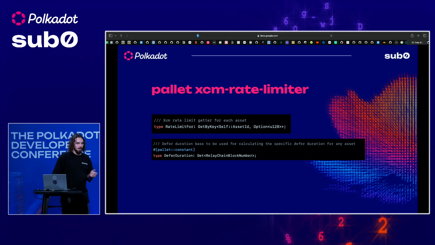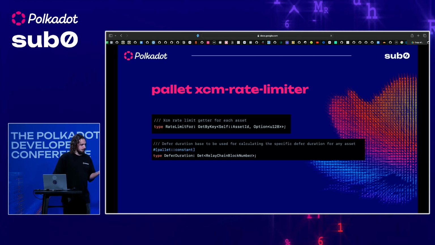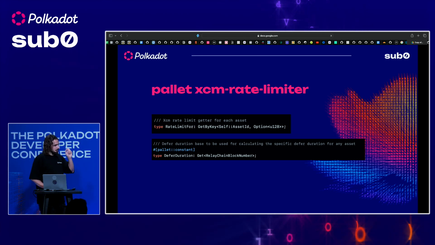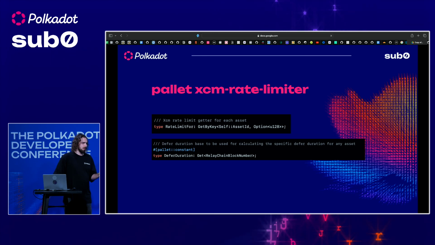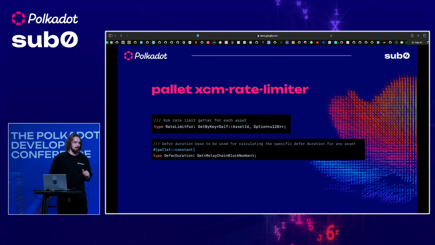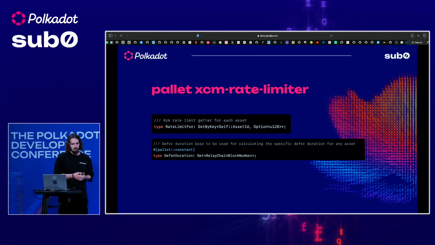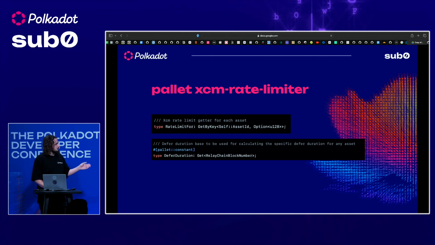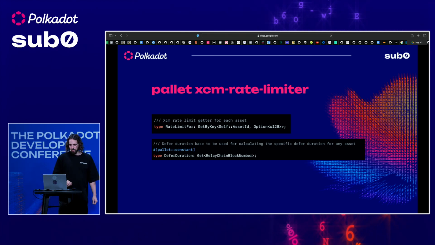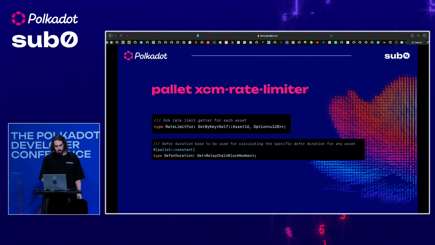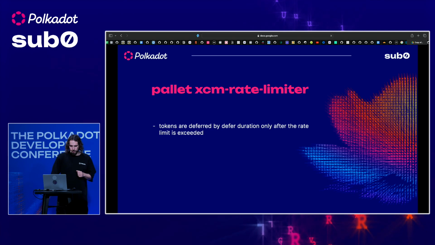So for example, you would either set it statically in the beginning in the configuration for some amount, or you could set it to something like 20% of your daily volume per hour or something like this, to be sure that normal operation is not limited. And then you have the defer duration. It's the time that you defer the messages by. And right now it's set up for blocks. It can also be timestamps if you want.